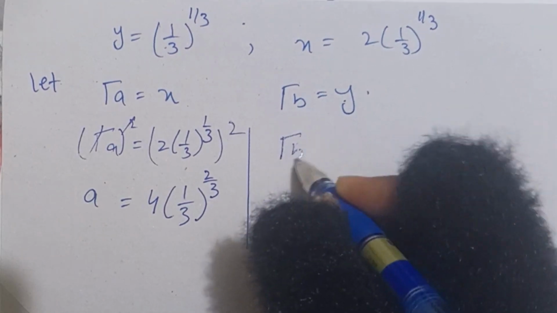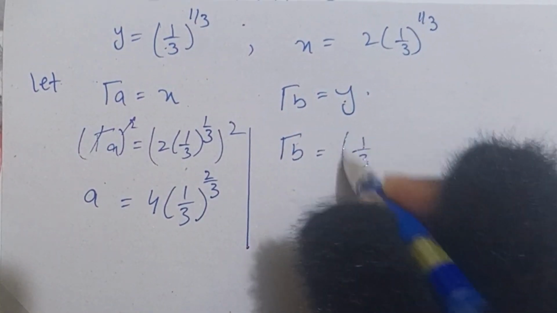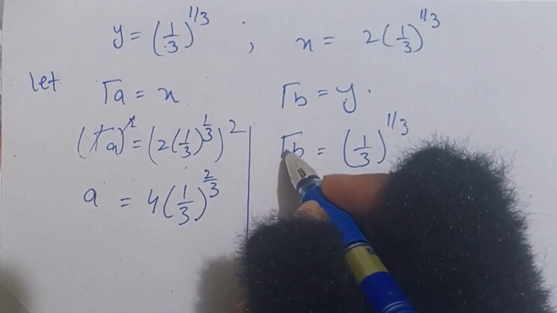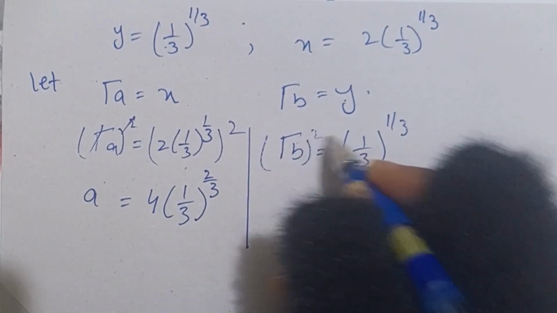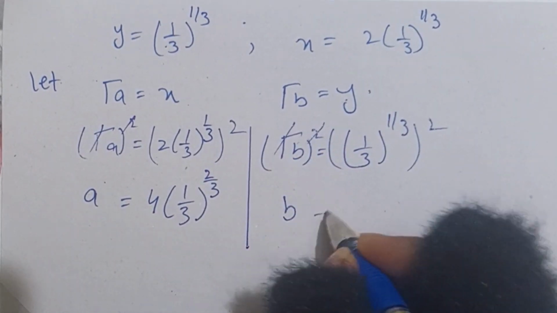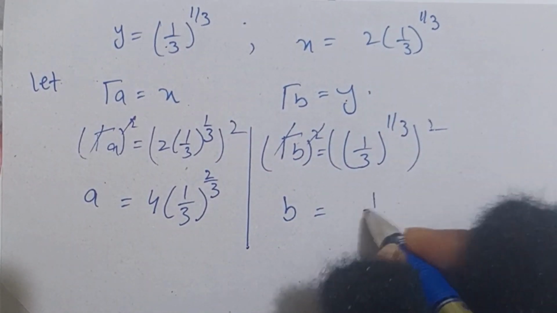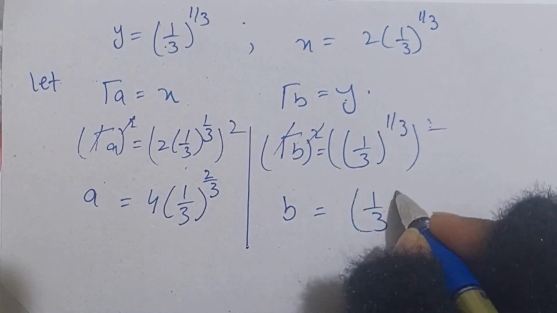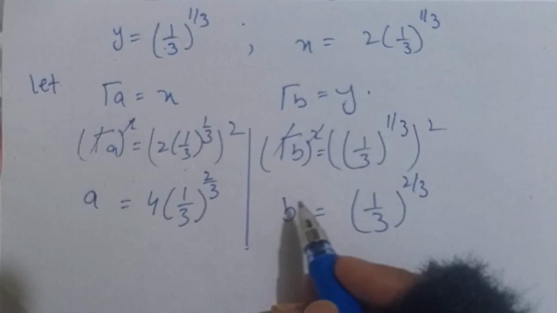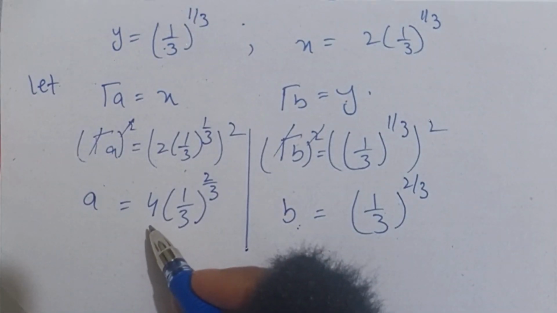So this will become square root of b is equal to 1 over 3 raised to the power 1 over 3. And for this, we take a square on both sides to remove the square root. So this square and square root will cancel. We just get b is equal to 1 over 3 raised to the power 2 over 3. So this is the value of b, and this is the value of a by using equation 4.